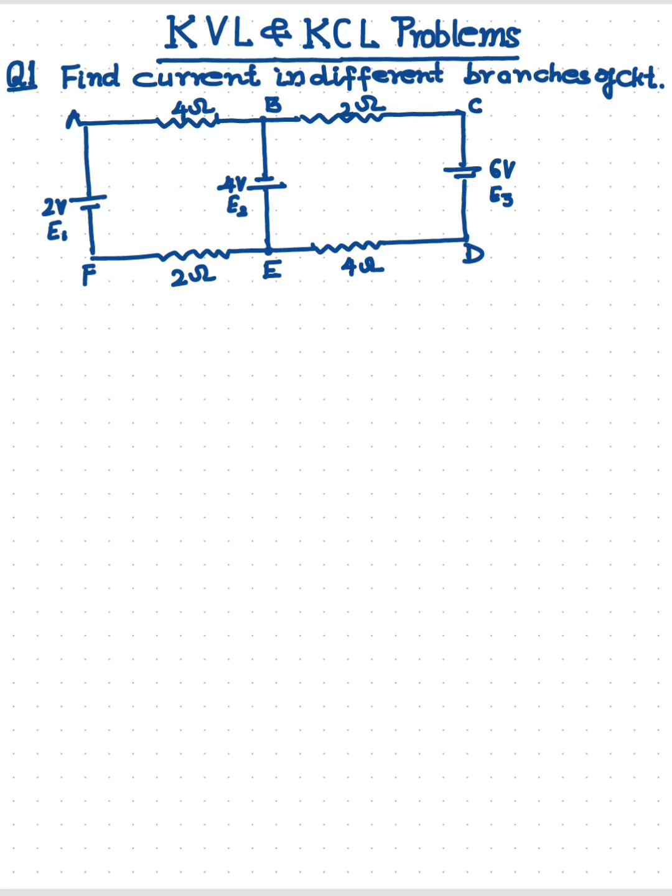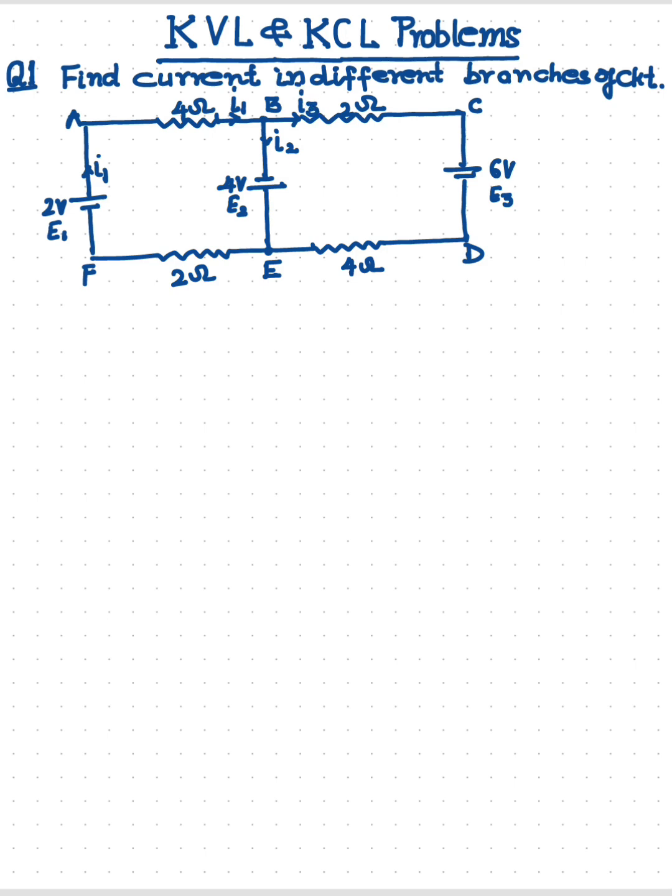Here I am assuming from battery E1 the I1 current is flowing like this. At this junction, in this resistance the current will be the same, I1. And at junction B, suppose this I1 current distributes into I2 and I3.